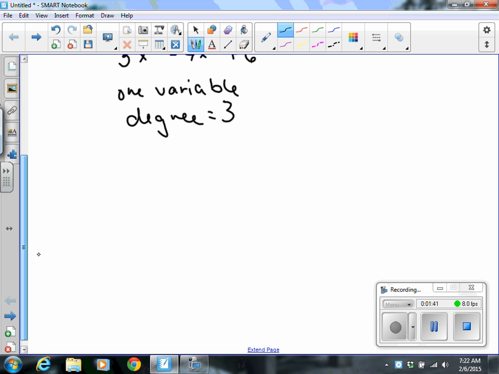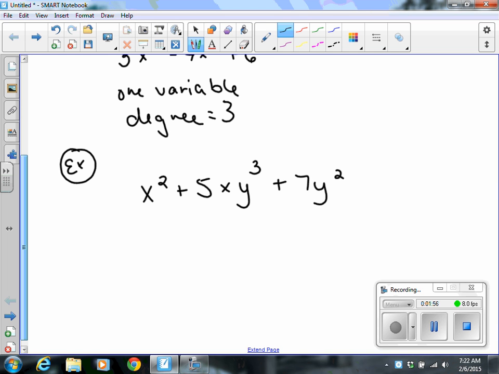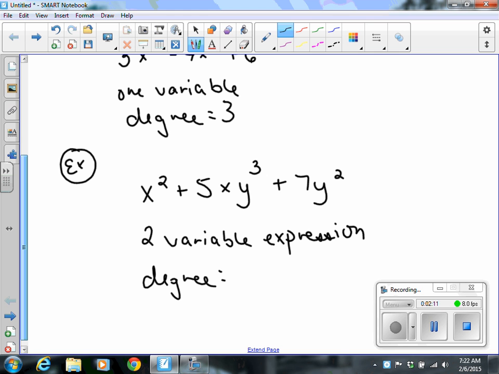But if I were to look at a two variable expression, say I've got x squared plus 5x to the first y to the third plus 7y squared, this is a two variable expression. And my degree is actually with this x to the first, y to the third.